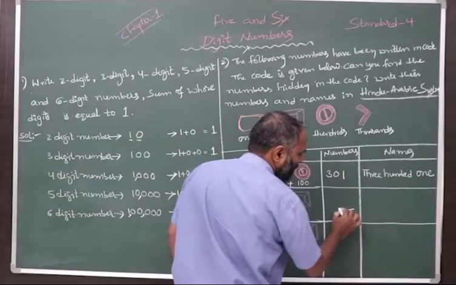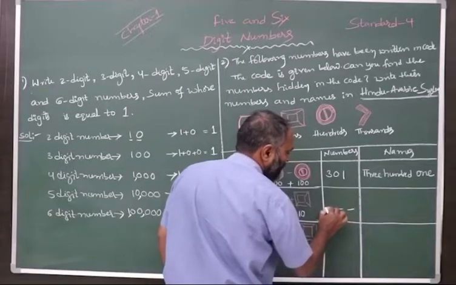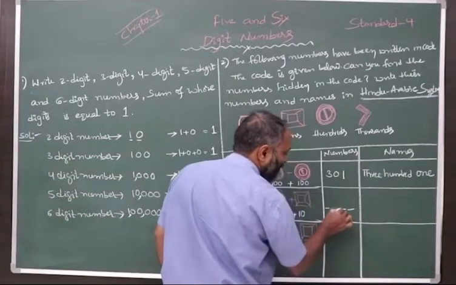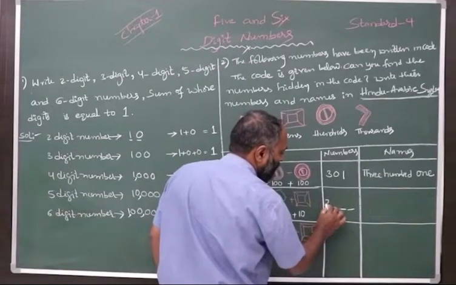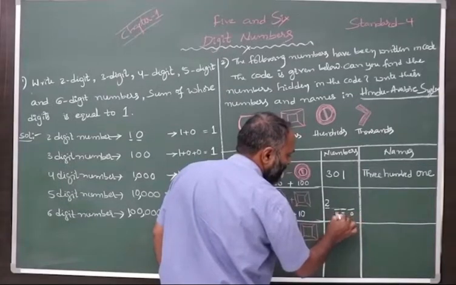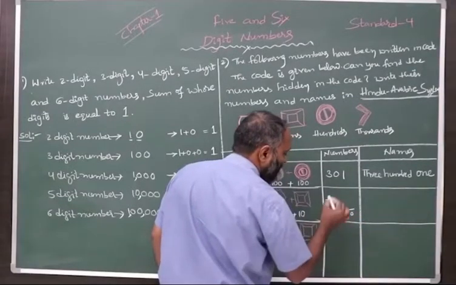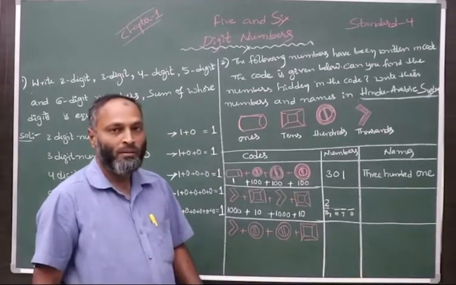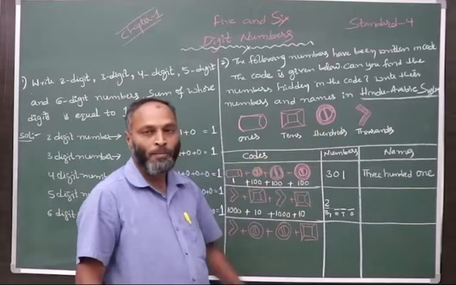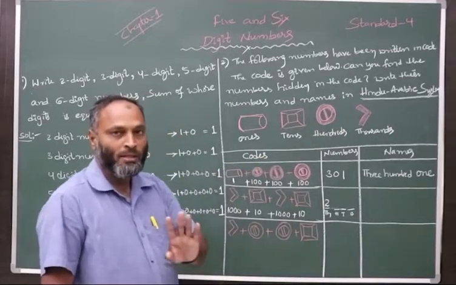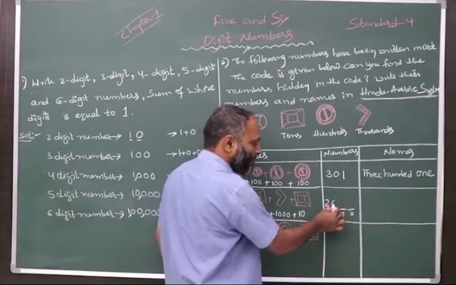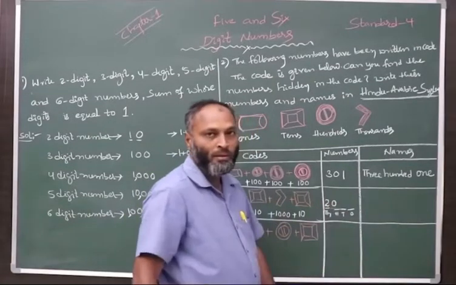How to write 2020? Ones, tens, 100, 1000. This is ones, this is tens, this is 100, this is 1000. There is no circle, which means there is no 100. There is no 100 means in the place of 100, 0.